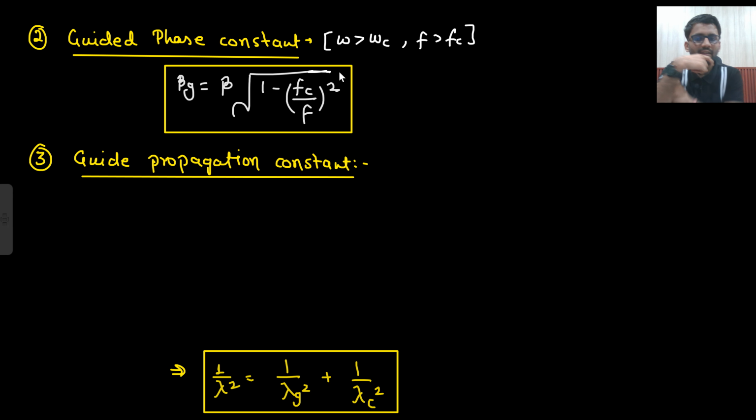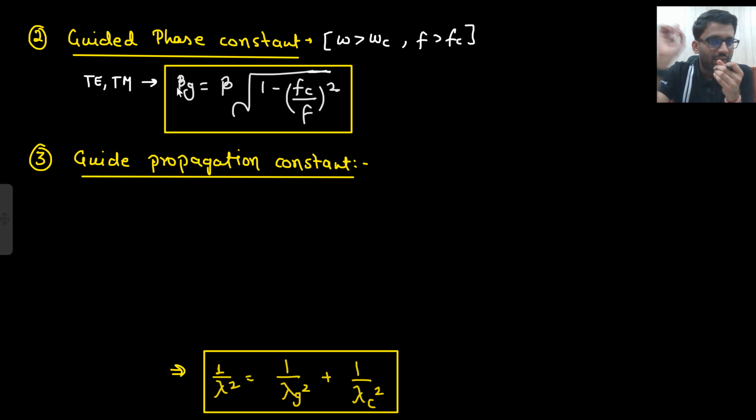Is that correct? This expression will work for both TE and TM mode, that I am saying. But in TE and TM, the FC value will be different, no? FC value for TE mode will be different, and FC value for TM mode will be different. So the beta g value will be different for both of the modes. Are you getting this point?